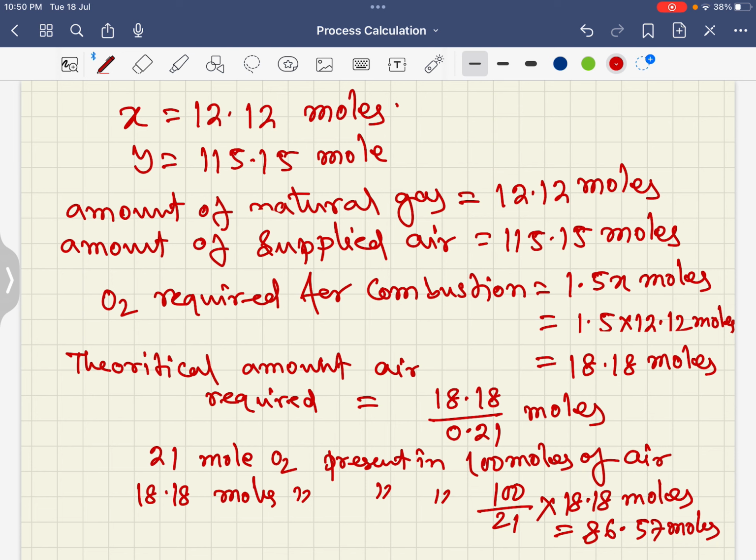Now we calculate how much oxygen is required for combustion, that is 18.18, and that oxygen is coming from air. So how much air is required? That is 86.57. We know 21 moles of oxygen are present in 100 moles of air, so 18.18 moles of oxygen are present in 86.57 moles of air. This is the requirement for combustion.